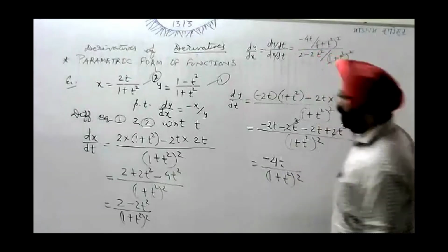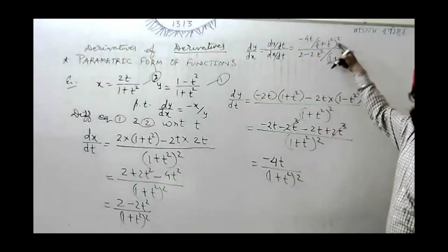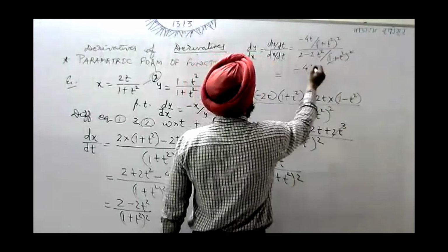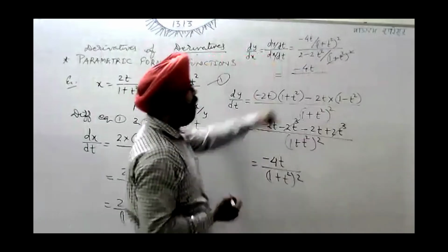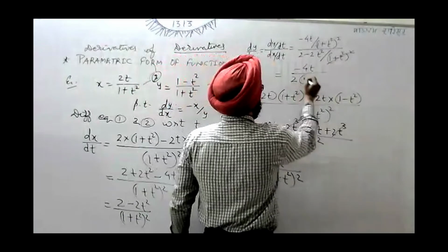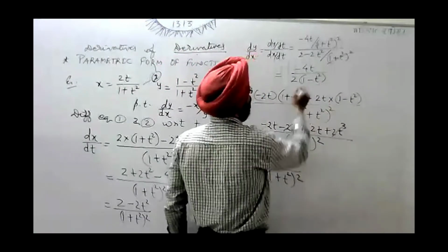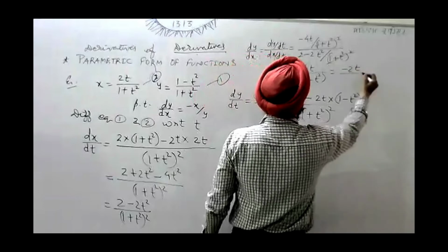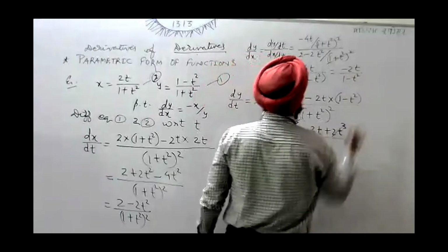These two terms will be cancelled out. Check. Next, minus 4t upon, from these two terms 2 is common, 1 minus t square, 2 cancels 4, we have only one thing, minus 2t upon 1 minus t square.